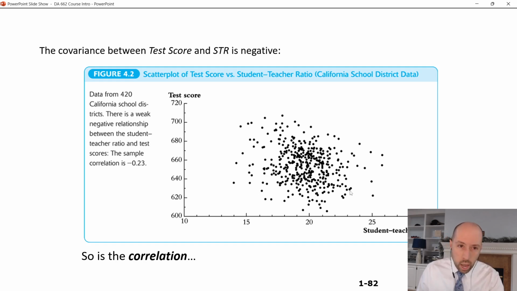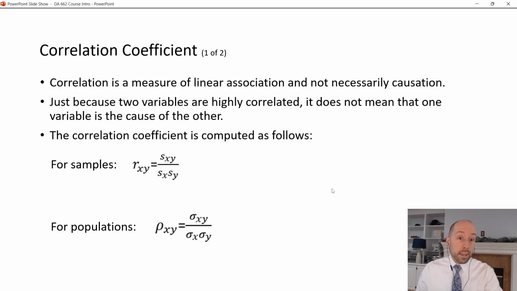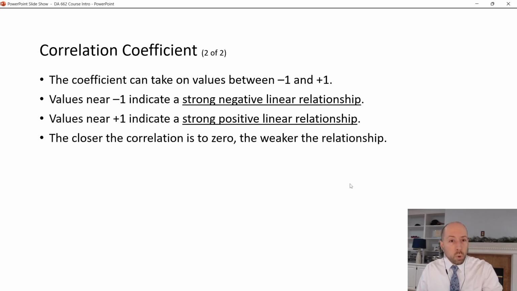It doesn't look like a line. It doesn't look like just knowing student-teacher ratio is going to allow me to predict the test scores. I think there are many things happening and a small correlation relative to the other variation that's happening in the data. So I'd guess maybe -0.2, something in that neighborhood, perhaps -0.3.